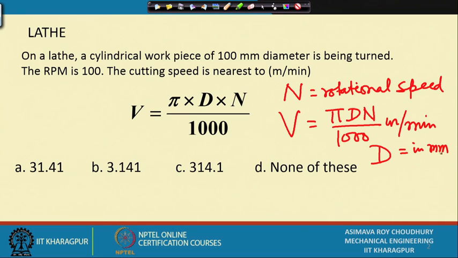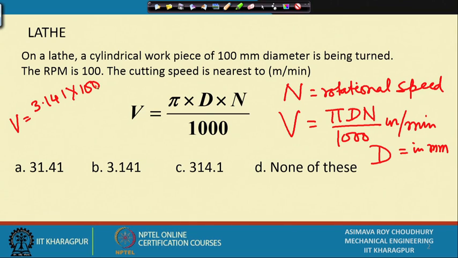So, in that case we can quickly calculate this. Velocity will be equal to 3.14159 etc., so those things we neglect. 3.141 into what is the diameter? 100.